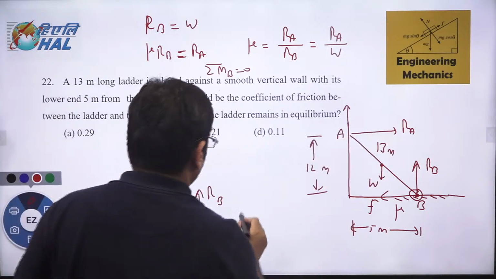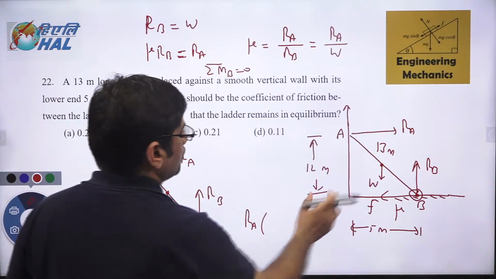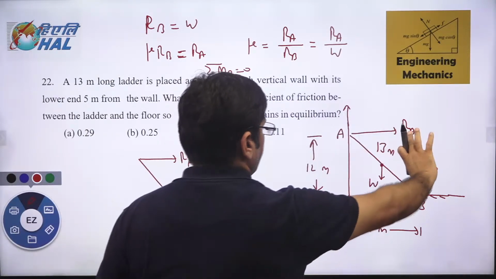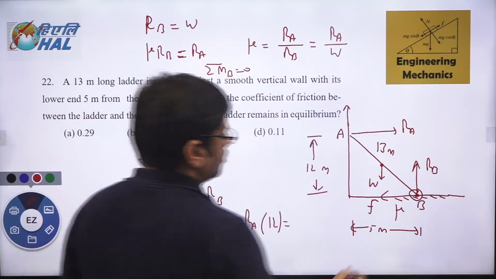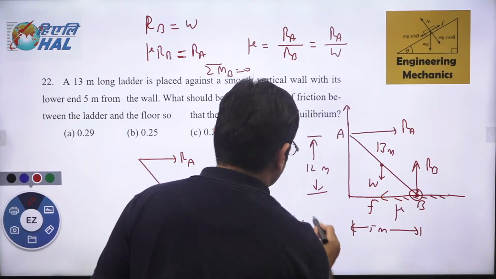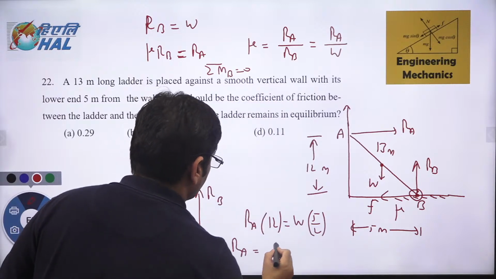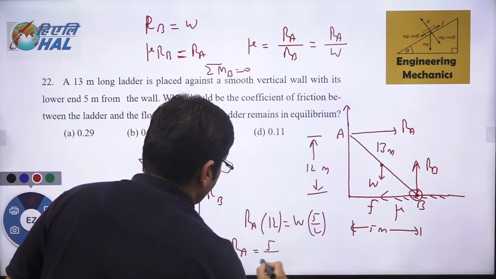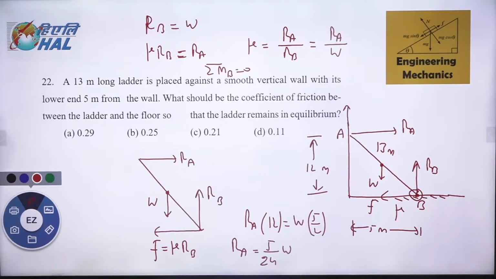So RA into, how much is this distance now? RA into 12 is equal to, now another force is W into this distance, which is 5 by 2. So we will get RA is equal to 5 by 24 W. If I am not wrong, that is the value of RA coming.